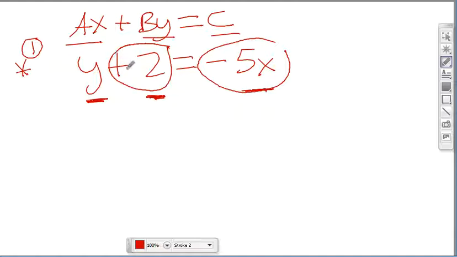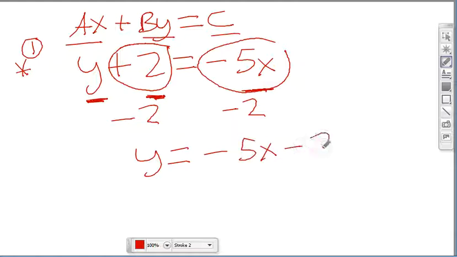So the way that we move the 2 to the other side of the equation is by subtracting 2. And whatever we do on one side of the equation, we have to do the same thing on the other side. So that is going to leave us with y is equal to negative 5x minus 2.